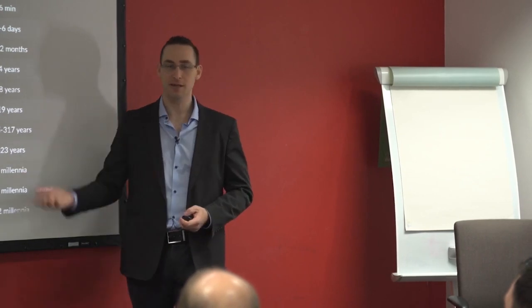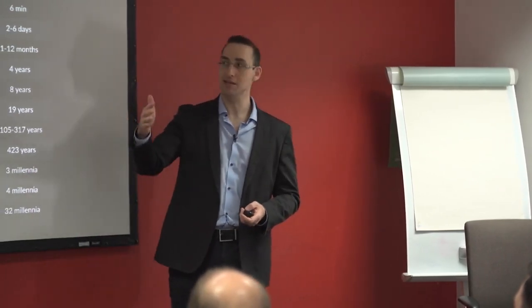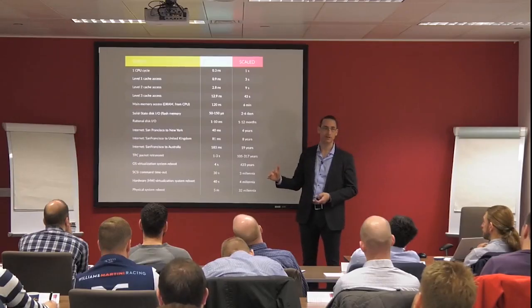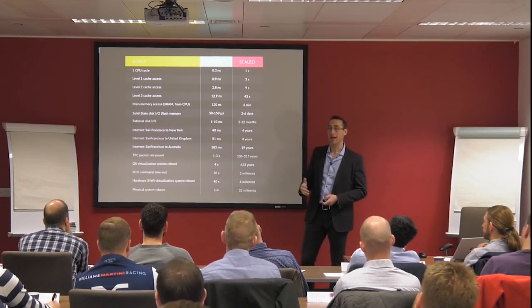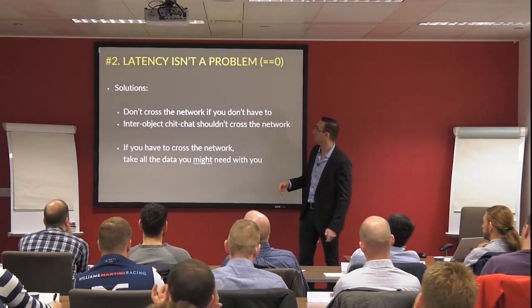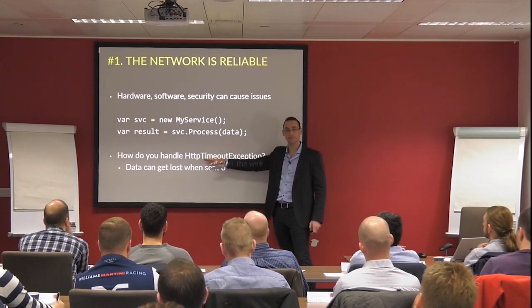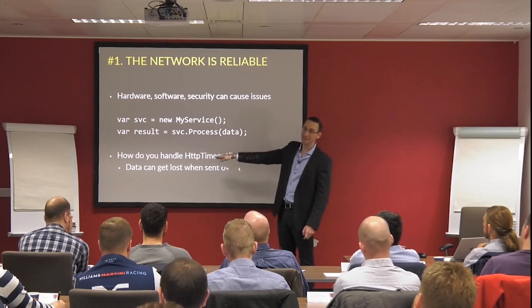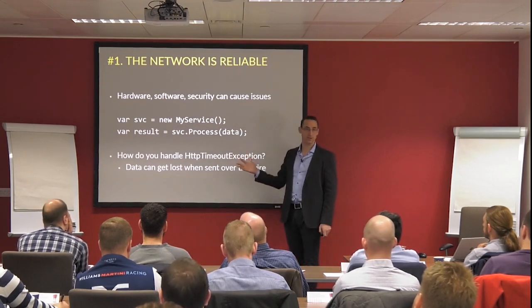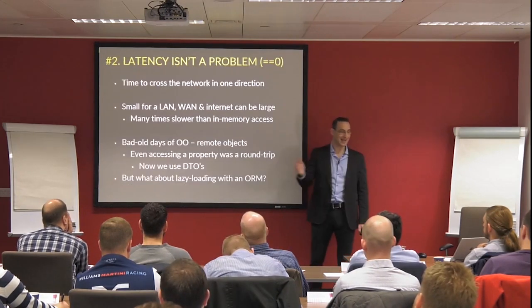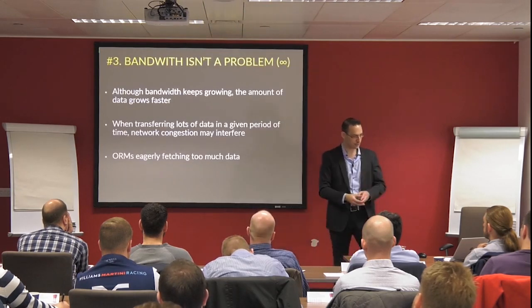So when bandwidth becomes a problem, latency also starts to become a bigger and bigger problem. And if latency becomes a big enough problem, then you're back into timeout territory. And if you're in timeout territory, then you've got reliability issues. Right? So it's important to understand how these things connect to each other.